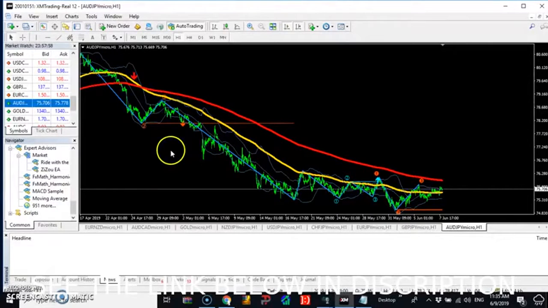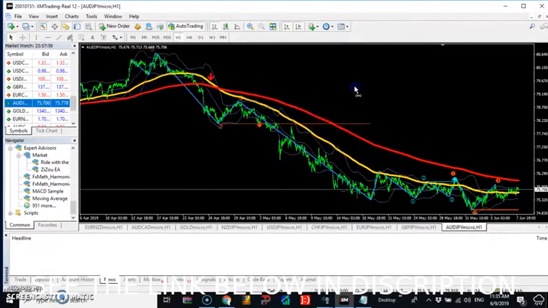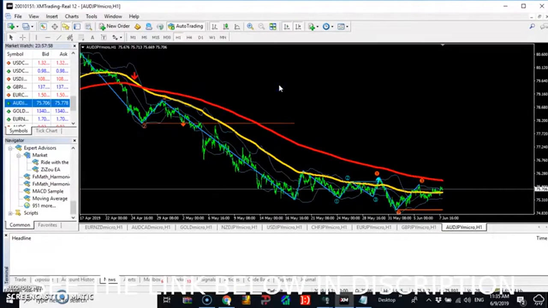Now that we have set up everything exactly the way it's going to be, and we have put this arrow, apart from using your 1 2 3 pattern for entry, we have gone to silence the alert of the 1 2 3 pattern.